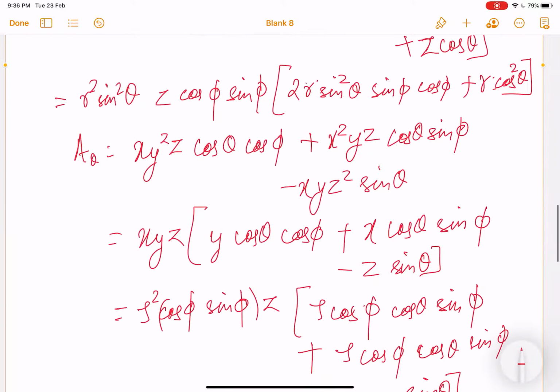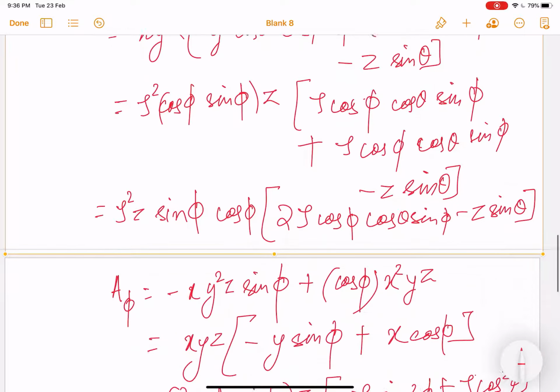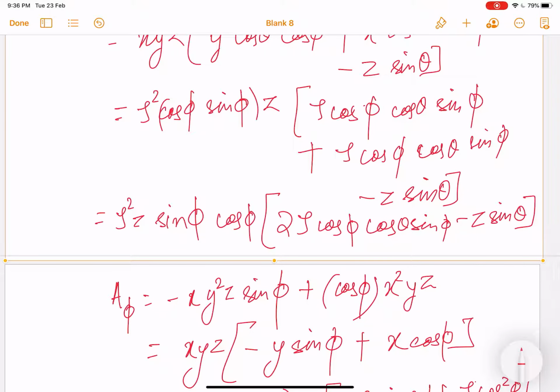Now this is in the cylindrical-to-spherical form. Here again I made this mistake. This is rho square; instead I must write r square sine square theta. Over here z is also there, so it's r cos theta. Instead of rho again, r sine theta.